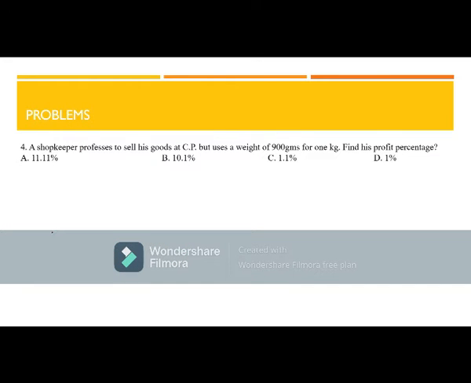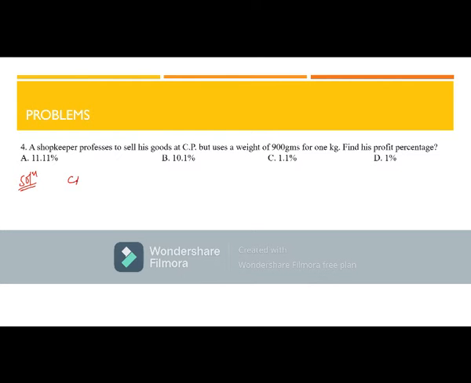Coming to question number 4, a shopkeeper professes to sell his goods at cost price, but he uses a weight of 900 gram for 1 kg. Okay. So it is a false weight problem.